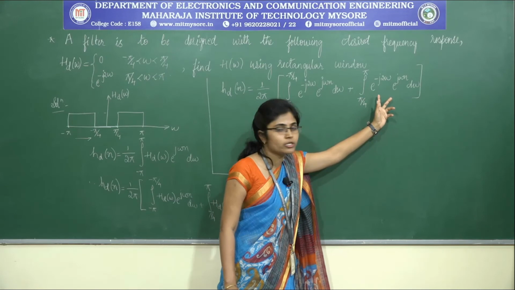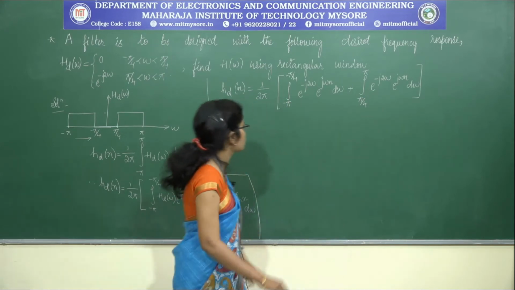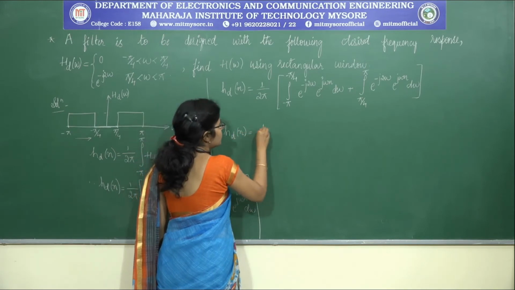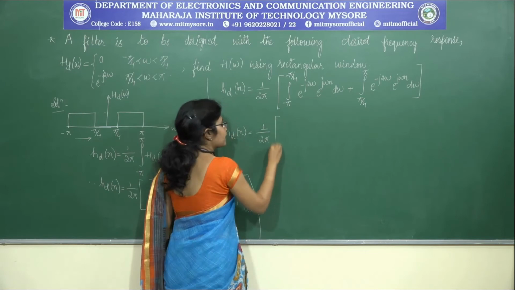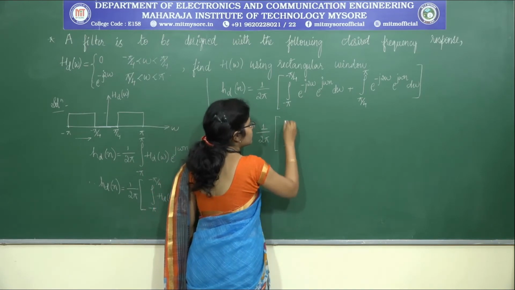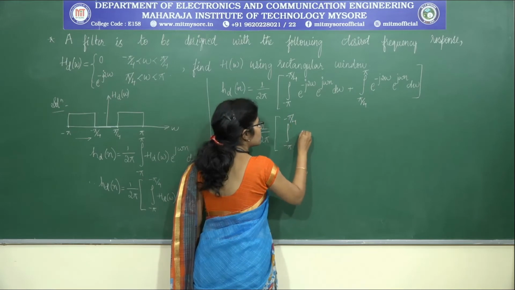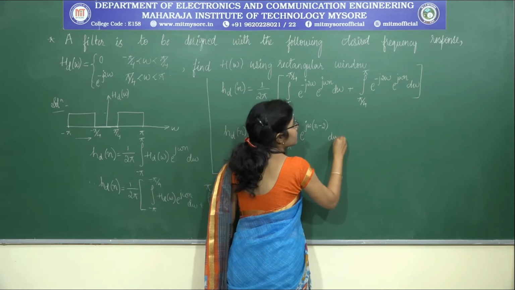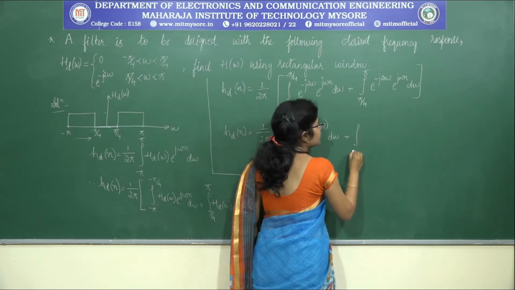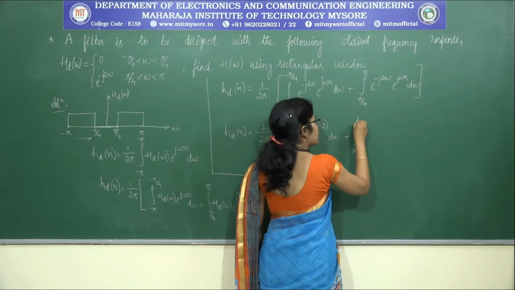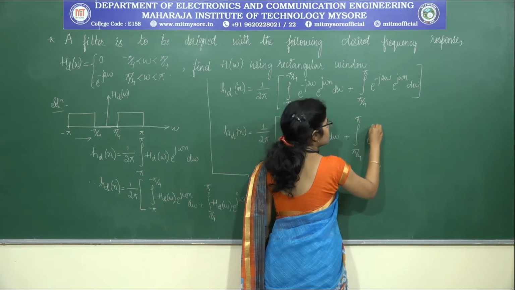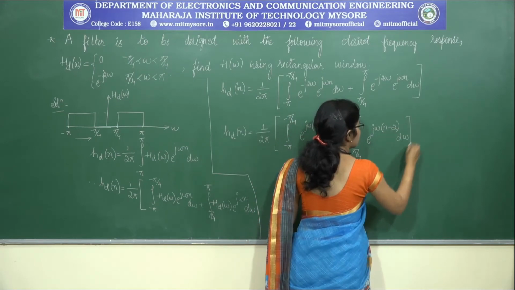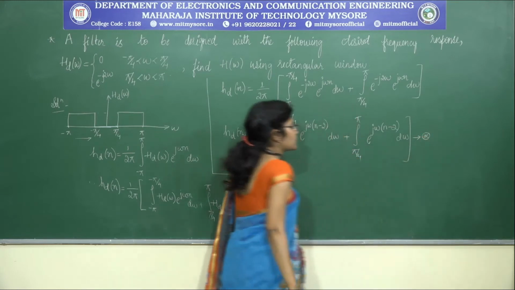So HD of n will be equal to 1 by 2 pi integral from minus pi to minus pi by 4 e power j omega into n minus 2, d omega plus integral from pi by 4 to pi e power j omega into n minus 2, d omega. Let us term this as equation star.